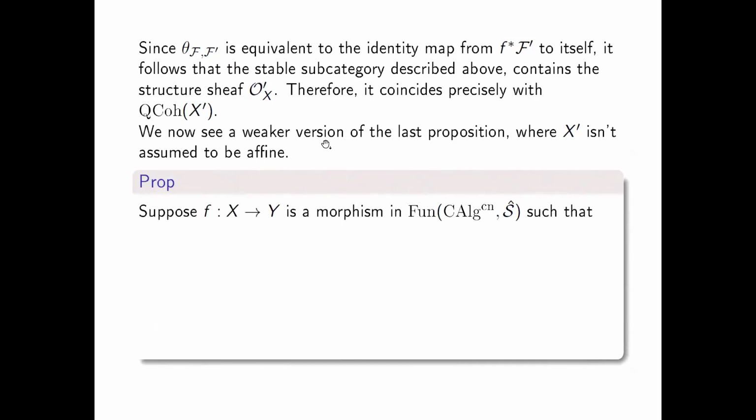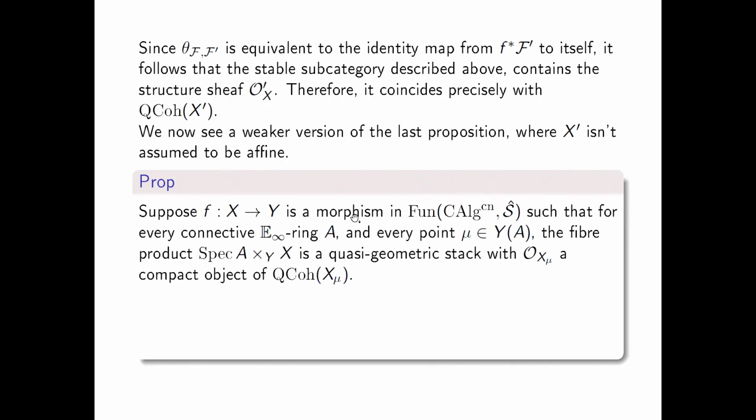All right, so now we have a weaker proposition where X dash is not assumed to be affine. That should be called weaker. So we start off with a morphism from X to Y in the functor category from C out to S hat, such that for every connective infinity ring A and every point mu in Y of A, the fiber product spec A times X is a quasi-geometric stack with theta X mu a compact object of Q bar X mu.